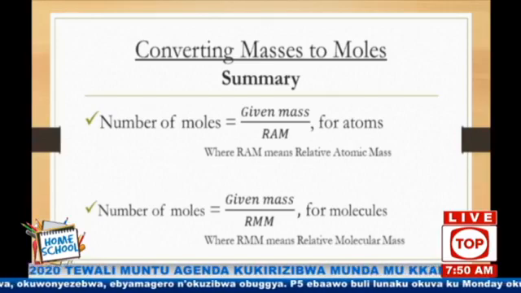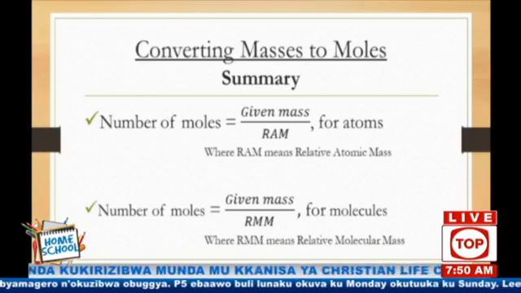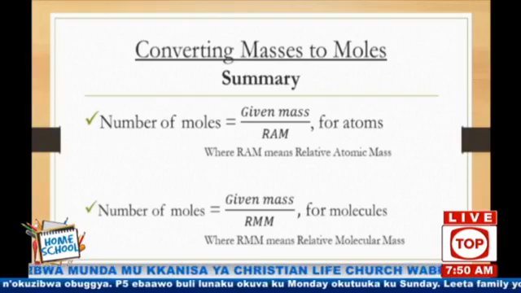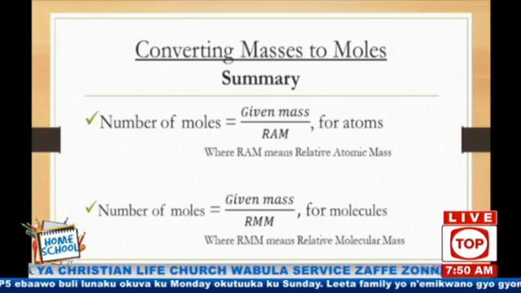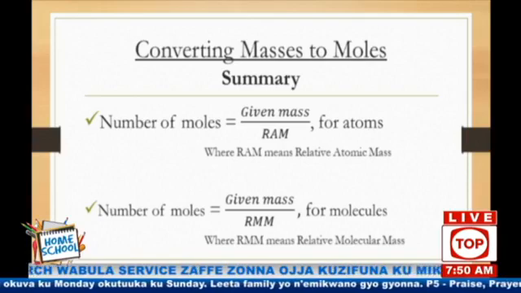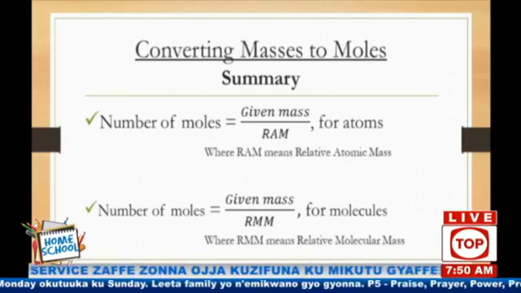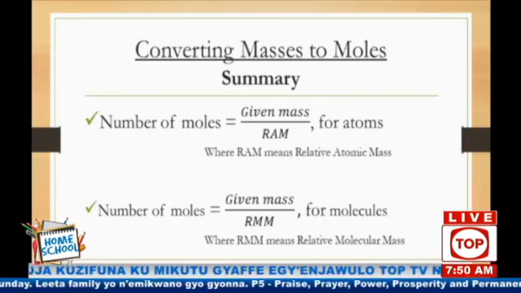We see that converting masses to moles, we look at that summary. We say that if they have asked for the number of moles, you say given mass over relative atomic mass, that is for atoms. And we define that one. RAM means the relative atomic mass.